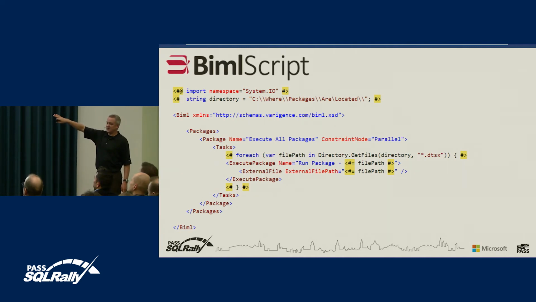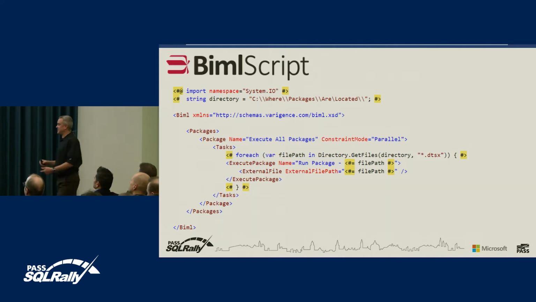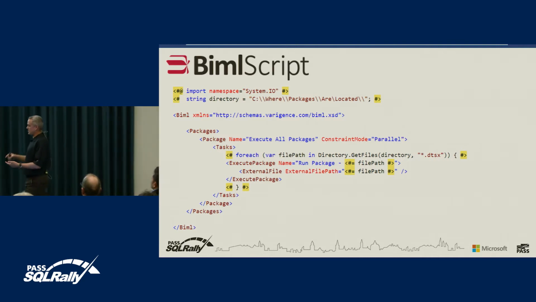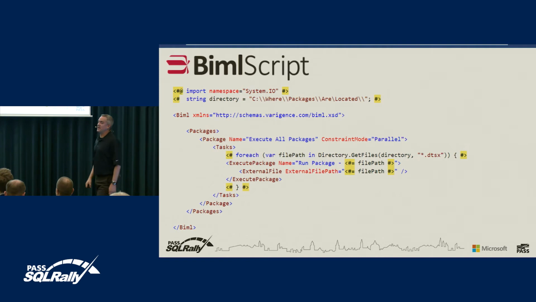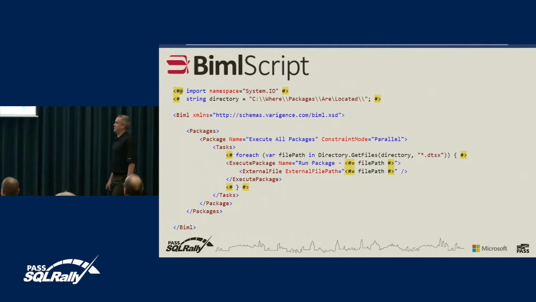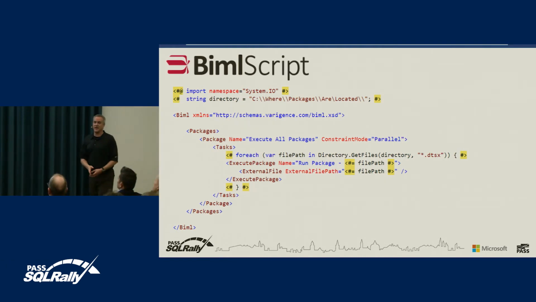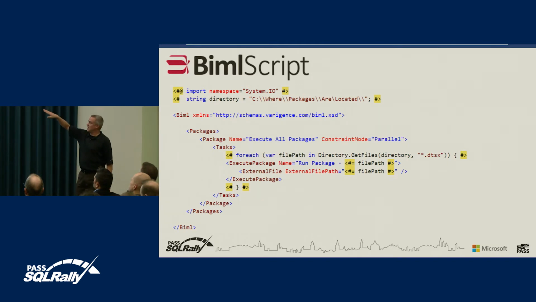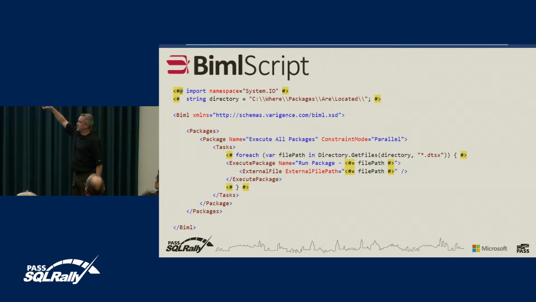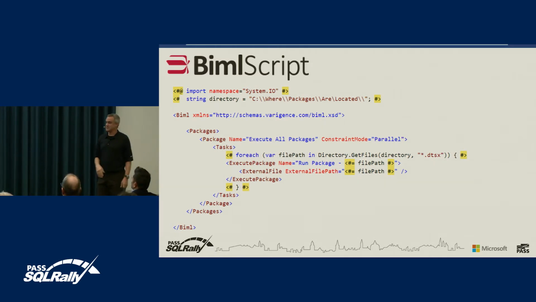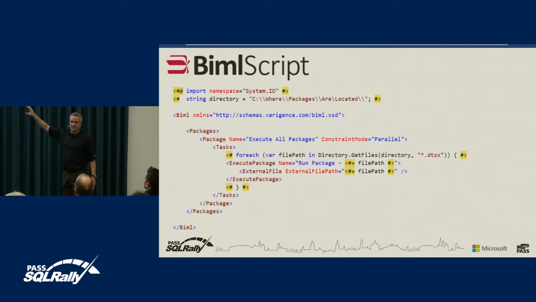And as you can see in here, if you looked at this package for a bit, even if you didn't have any C# or any Biml experience prior to walking in this room, you could probably figure out what that's doing pretty easily. I'm creating basically a master package that loops through all the packages that I have within that directory and creates a master package that will do an Execute Package task on each one of those. Not very exciting, but as you can see, that's very easy, and I'll show that in a demo.